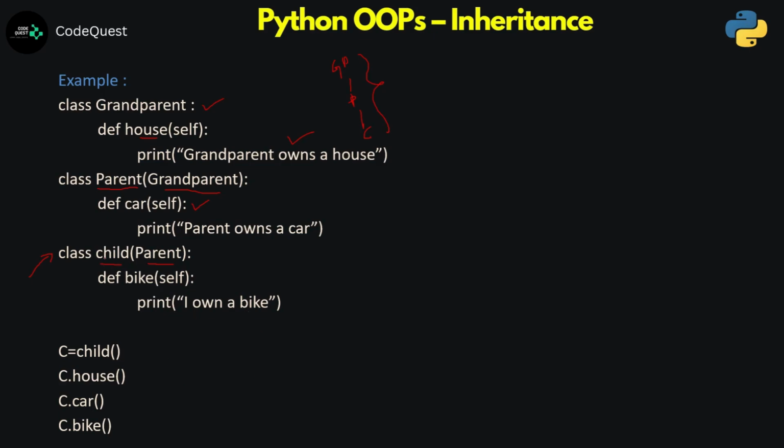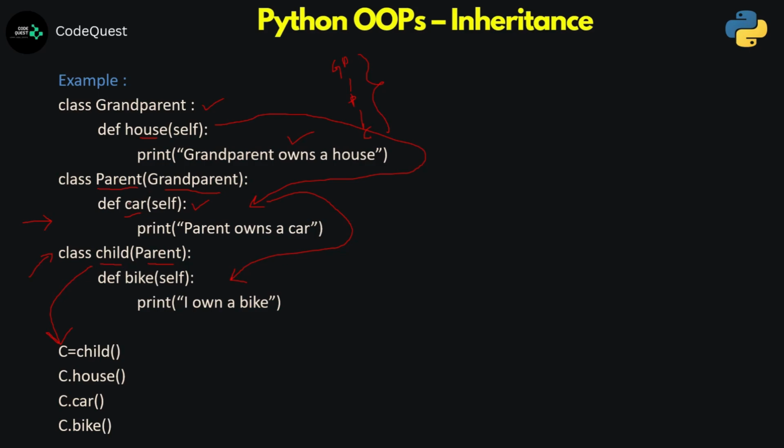Now once I create the object of this child class, because it is a child class of parent, of course the car method that we have inside the parent class is available to the child class. And because this parent class is a child class of the grandparent, of course house is available within the parent. So by the time the parent class is defined, it has its own method car, and apart from that it also contains house.